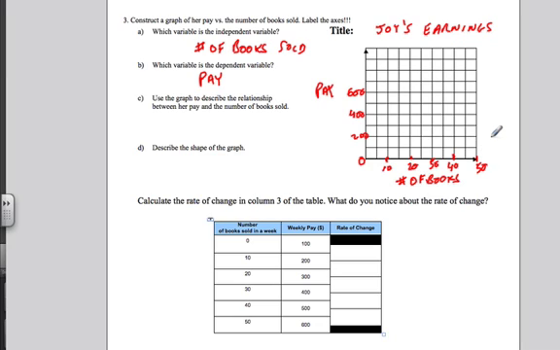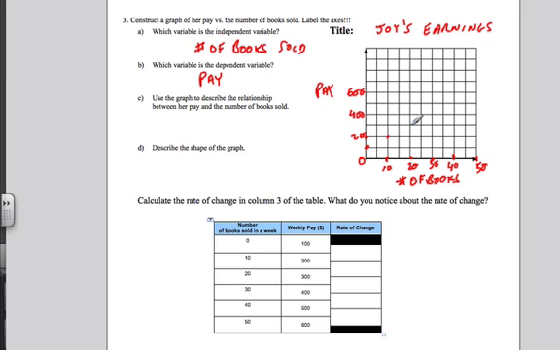Now, we're going to plot the points. So if she sells no books, then she earns $0. And if she sells 10 books, she earns, my mistake, let's get the points right. If she sells 10 books, she earns $200.